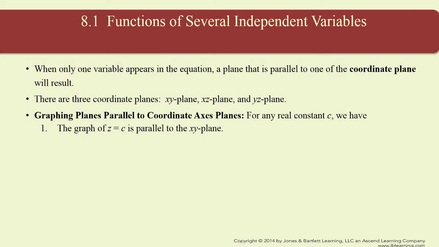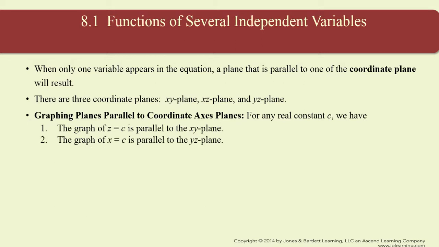For example, the graph of z equals 5 means you are looking at all points that are 5 units above the xy plane. That gives you a plane that is parallel to the xy plane. It's a plane that is parallel to the floor.